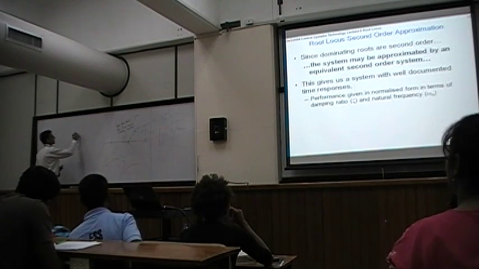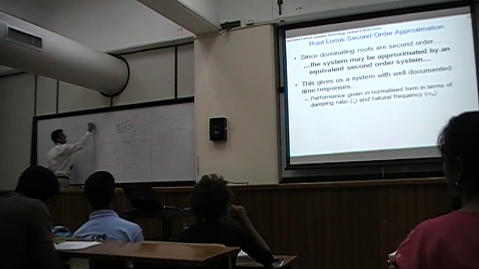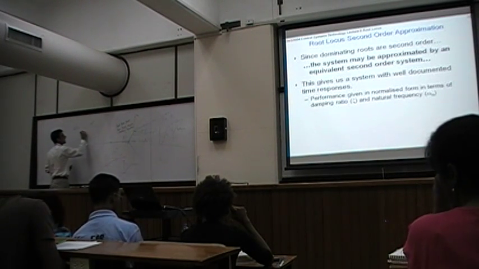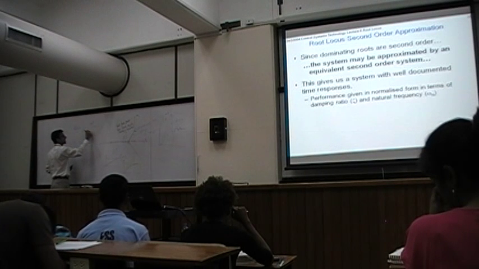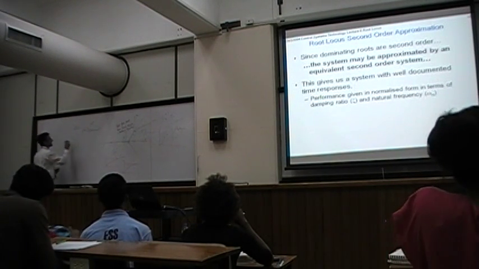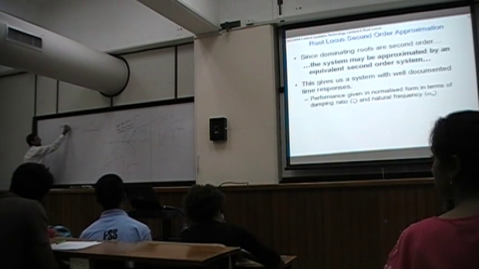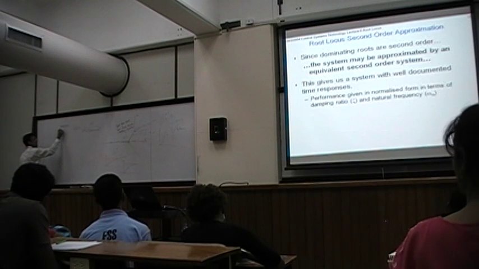Let me write stuff here. So we can say G of s equals omega n squared over s squared plus 2 zeta omega n s plus omega n squared. This is called the prototype second order system.